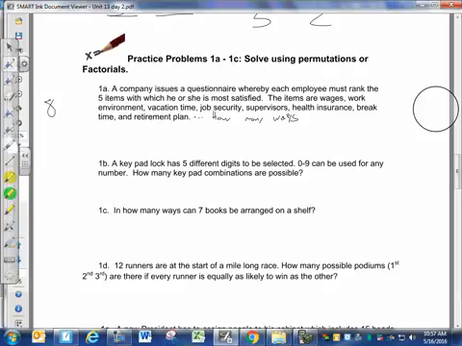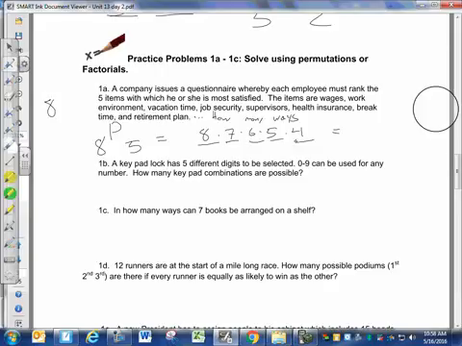Either you could say, okay, I have 8 choices for my first selection and 7, 6, 5, 4. Or you can say it is out of the 8, I want to choose 5 of them. Okay, same as 8, 7, 6, 5, 4.